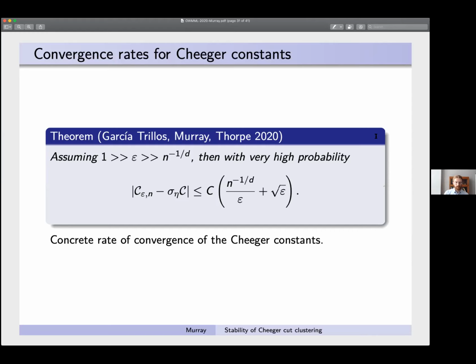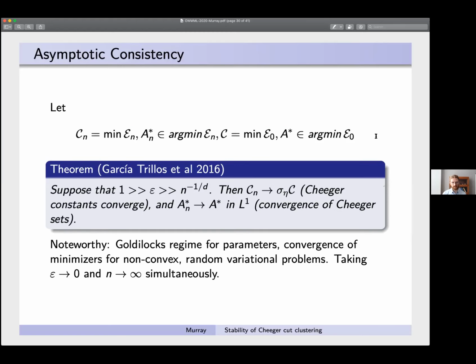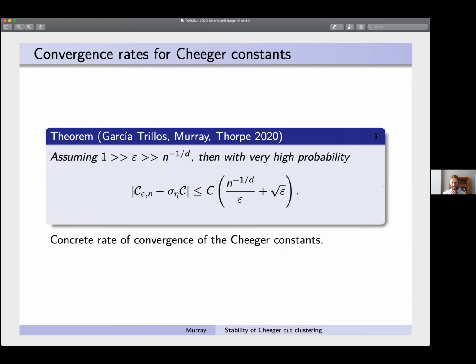So over here on the right-hand side, what in the last slide was just a consistency result, saying that the two converged to each other, we've now upgraded and said, look, we can actually provide a bound on how large that difference can be, and we can show how that bound goes to 0 as epsilon goes to 0 and n goes to infinity. So this gives a concrete rate of convergence for Cheeger constants.